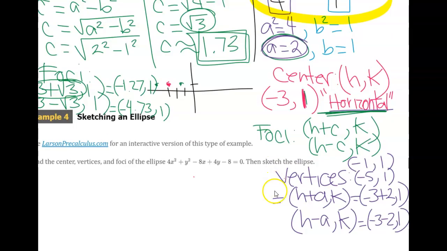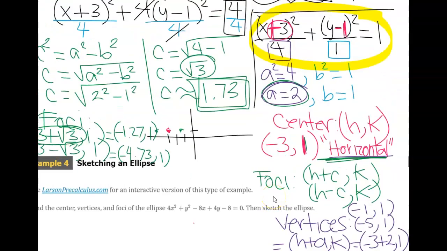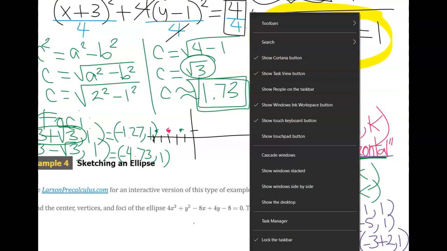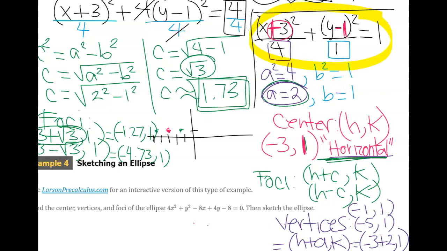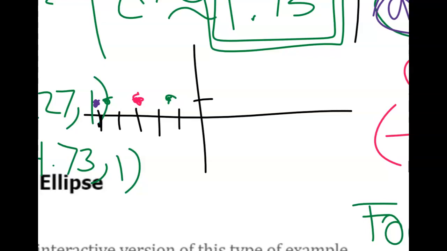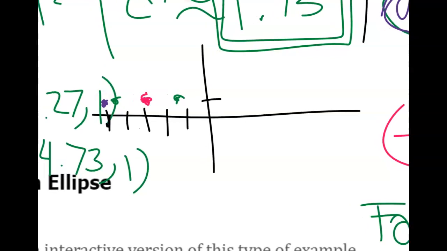So of course we could graph those. So we had negative 5 is here, and the other one was at, what is it, negative 1. Okay, so we're talking about points that are perhaps, I'm going to zoom in a little bit so you can see better. So that will be one of those vertices. And then the other one will be right here.